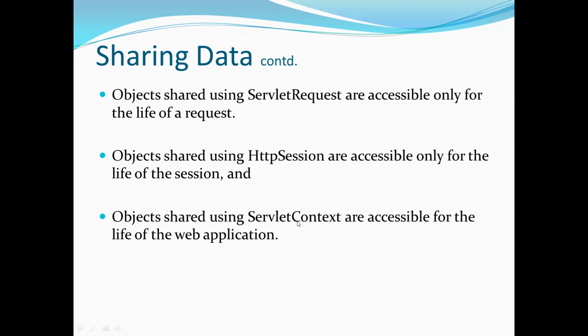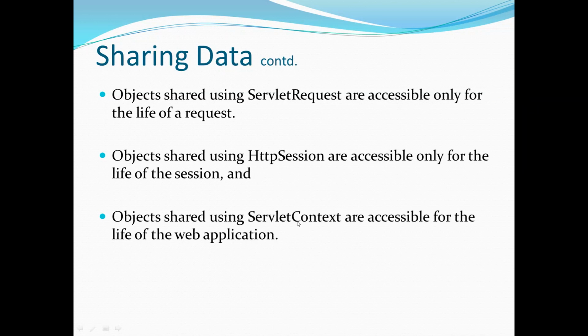Now, one way to set the value into the servlet context is by using web.xml, isn't it? We have seen yesterday, do you remember, that we can set the value into the servlet context by using the tag context param?